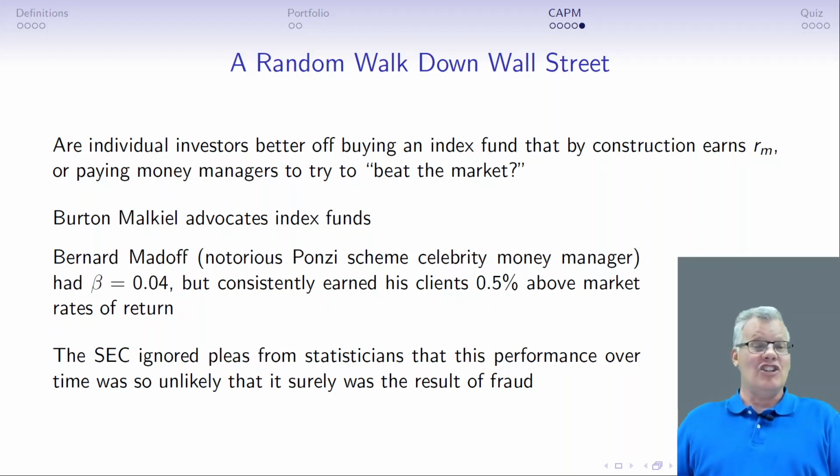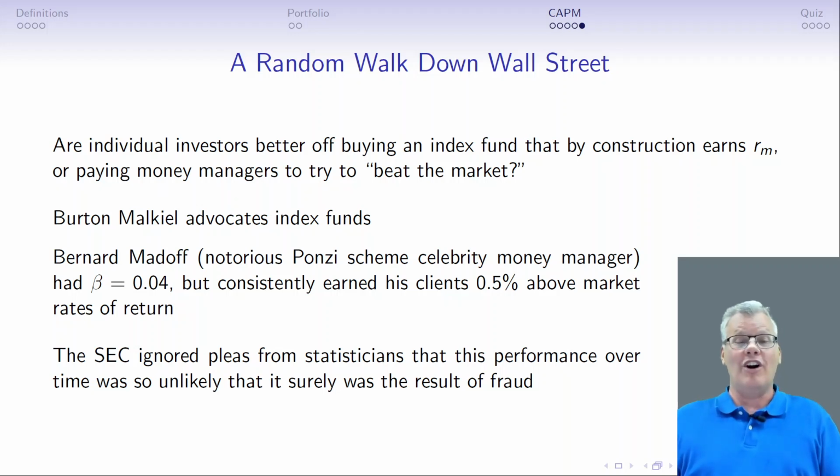And statisticians who were estimating this and saw it, they said that because of the no arbitrage condition that we looked at before, it was so unlikely that Bernie Madoff could beat the stock market year after year after year by this magnitude that his rates of return had to be as a result of fraud.